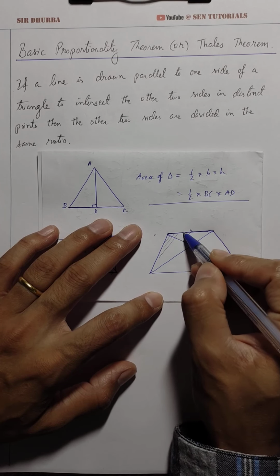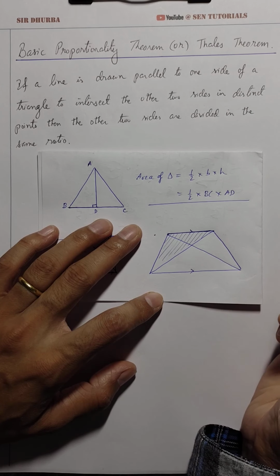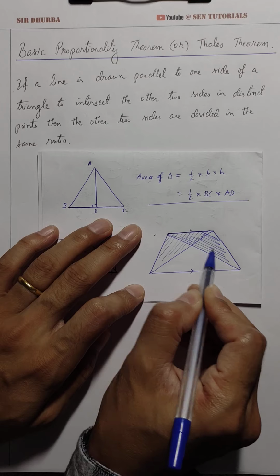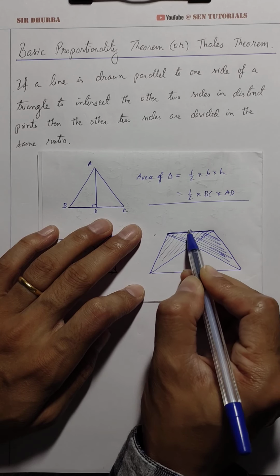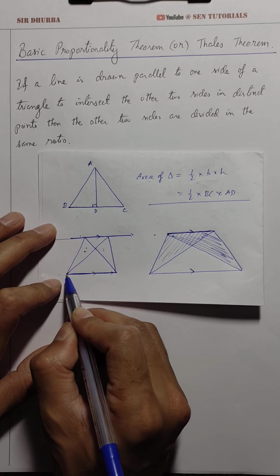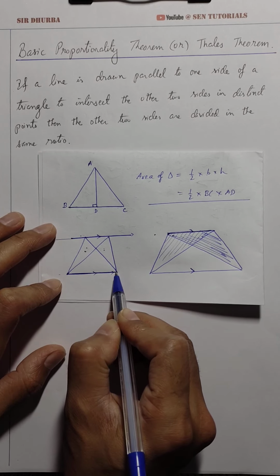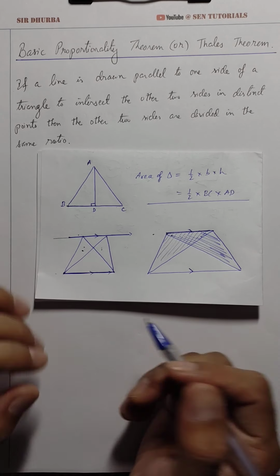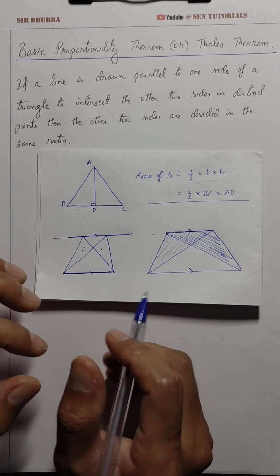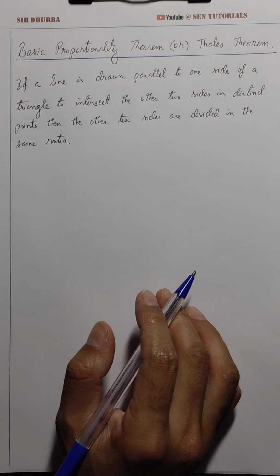So the area of this triangle will be equal to the area of this particular triangle. Why? Because they are lying on the same base and between the same parallel lines. Similar to this only, here we can consider the same base to be this. Either way it's all the same, it depends on which triangle you are talking about. So these two concepts we will require here today.